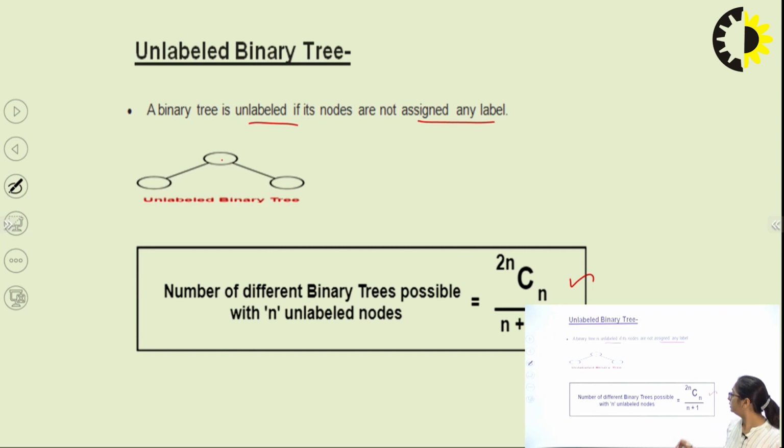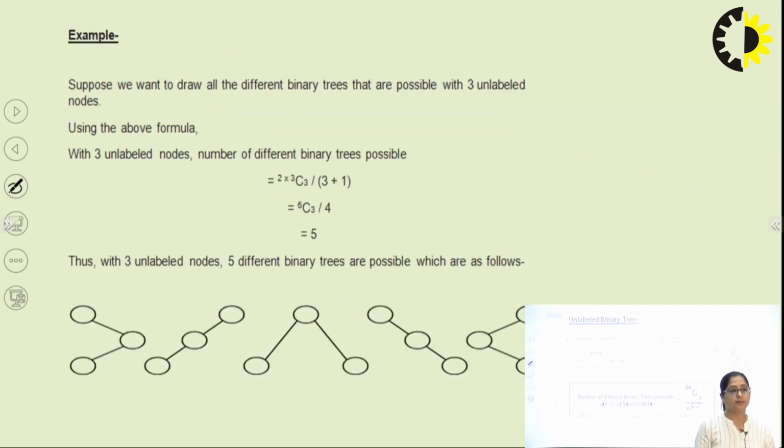Okay. So this is the formula to calculate. If there are 3 nodes, how many different trees are possible here? 6C3 upon 3 plus 1. So this is how to calculate the number of binary trees possible for any number of nodes.